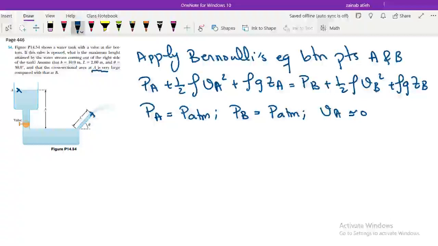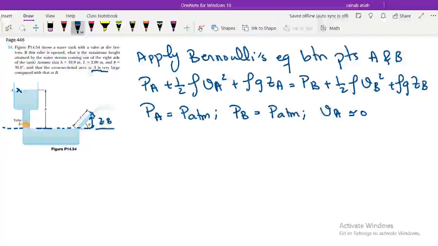You can take any level you like and you can change your level in each part, it's okay. He gave us the heights from here, so I will take my reference here. This is ZB, and here is ZA.